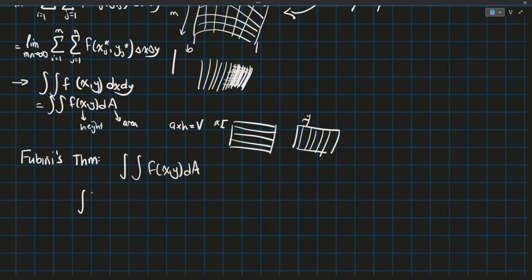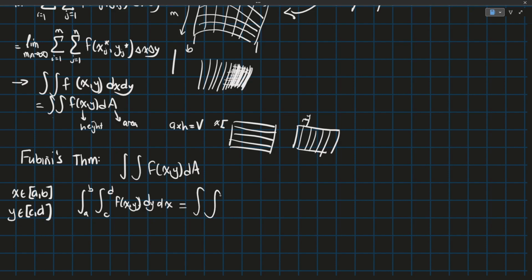So if we integrate from a to b, remember x is existing between a and b values, y is existing between c and d values, and we're going y first in this case because our c d is on the inside.